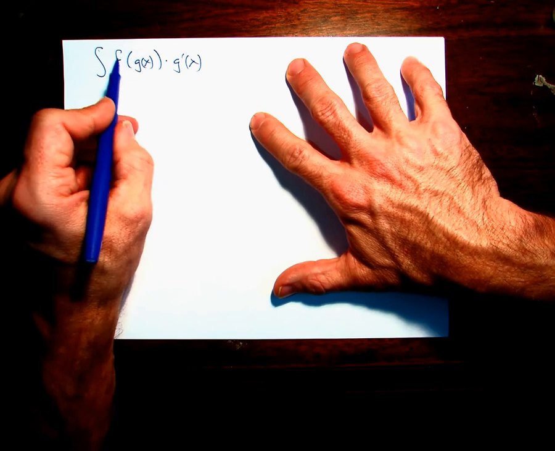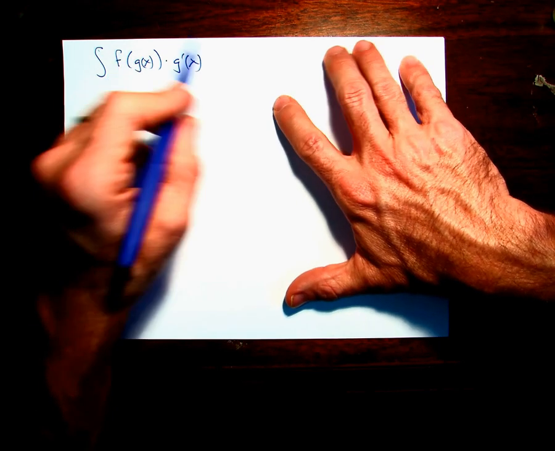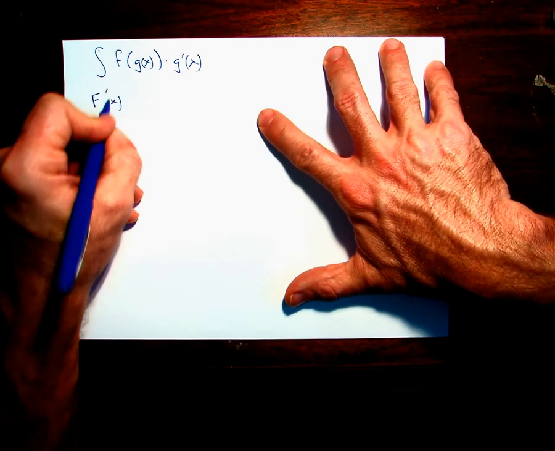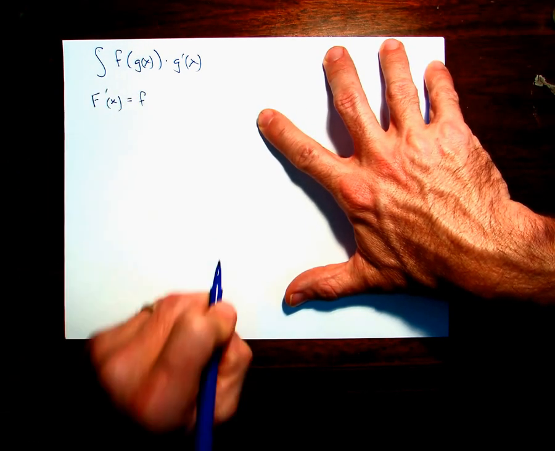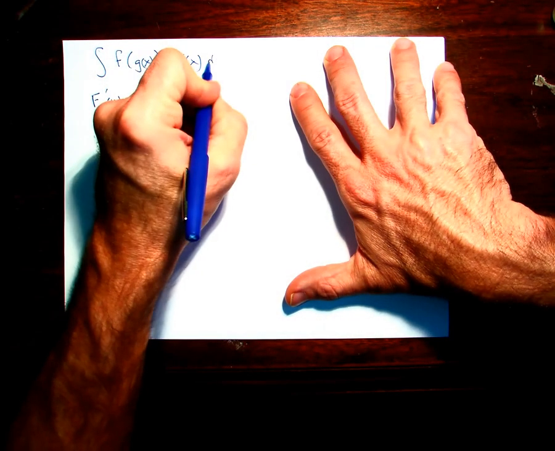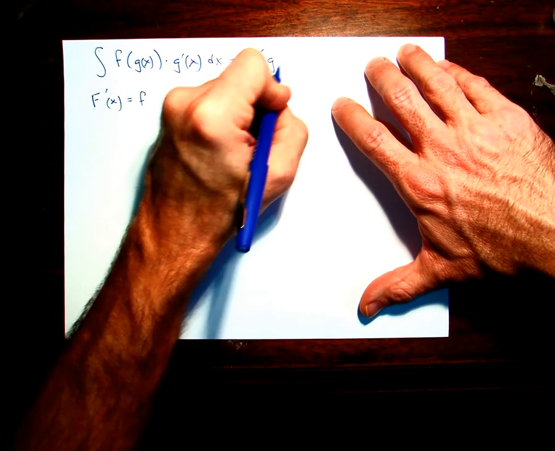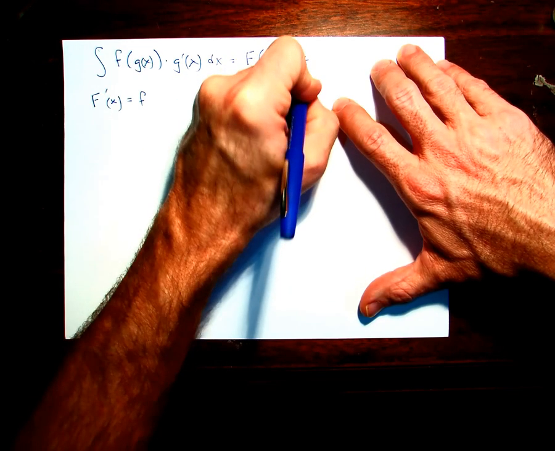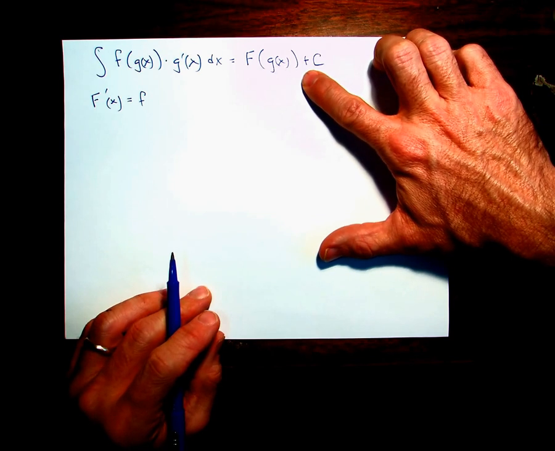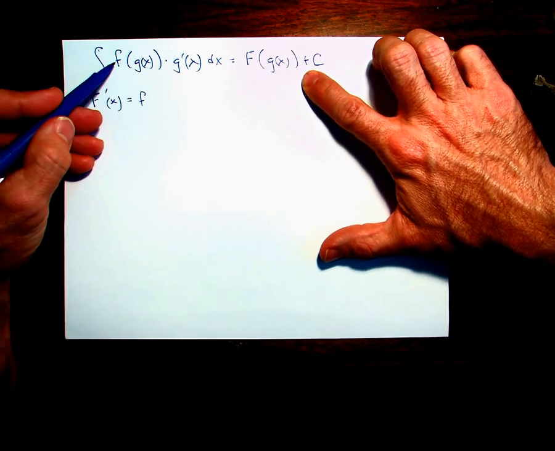Well, technically it's f prime, but let's say it's f and the antiderivative. Let's say that if I take the derivative of big F, then I get little f. So then this is going to be big F of g of x plus c, where big F is the antiderivative of little f.